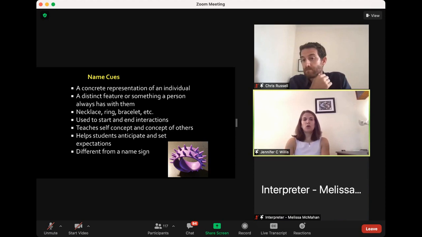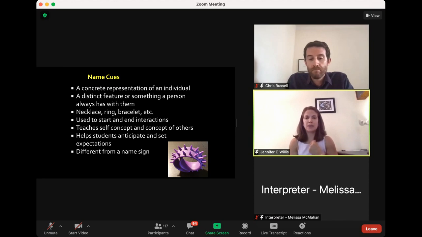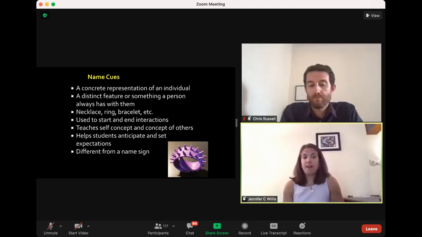Name cues. So this is just a way to represent a concrete form to represent an individual, a tactile means of identifying one person versus the other. For our students with CDI, we know that faces are very hard to discriminate.